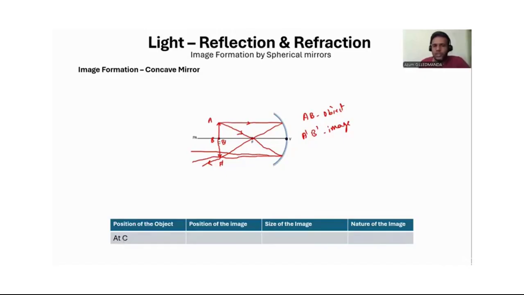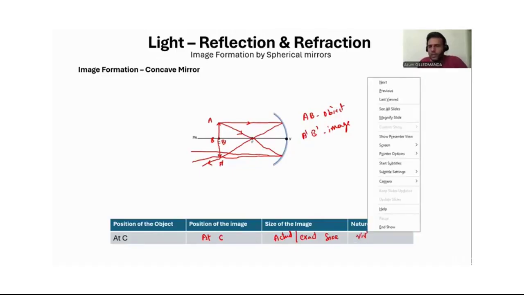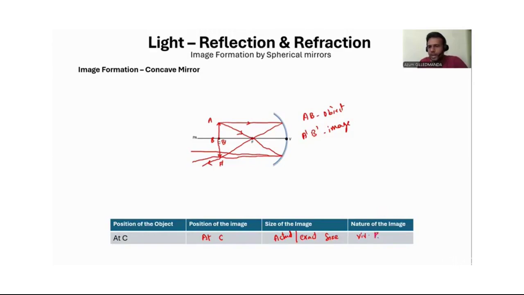When the object is at C, the position of the image is also at the center of curvature. What is the size of the image? It is the actual or exact size, so it is not diminished. It is the same size. And what is the nature of the image? It is forming on the same side, so it is a real image, and inverted.